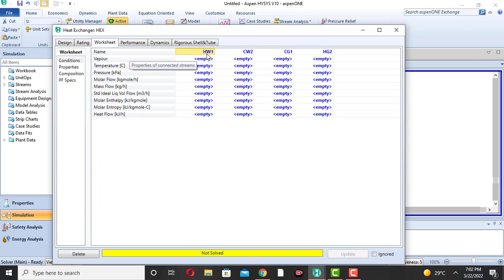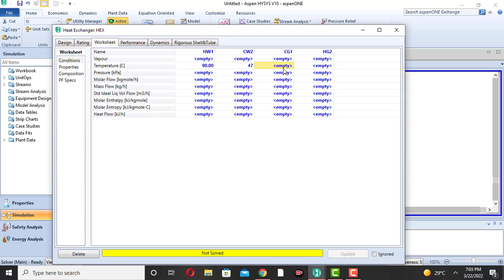This is the hot water inlet, cold water outlet, cold glycerin inlet, hot glycerin outlet. The temperature of the hot water inlet is 90 degrees centigrade. The hot water, after giving its heat to the glycerin, decreases in temperature to 47 degrees centigrade.